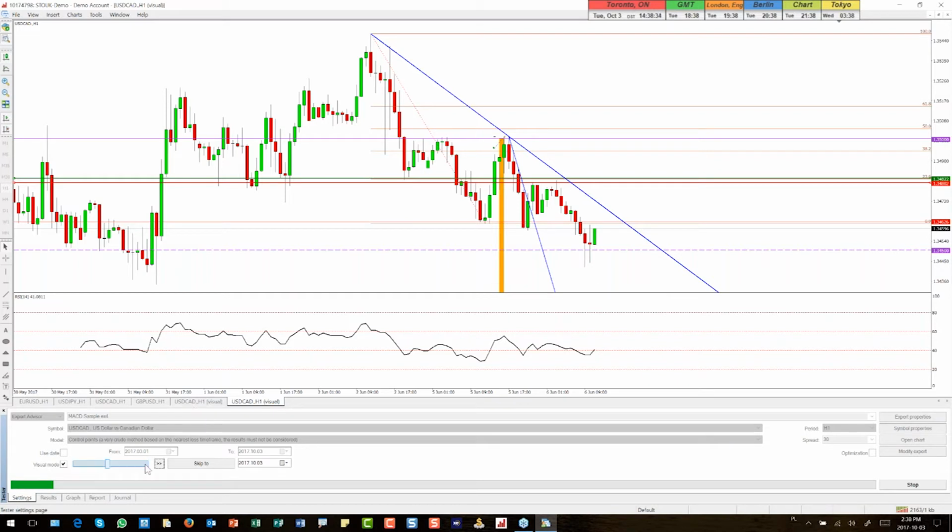As you can see, there is a harami showing up because we have one candle, there is a doji in between, and it's a very strong candle in the opposite direction.